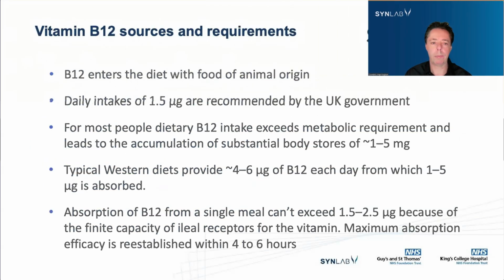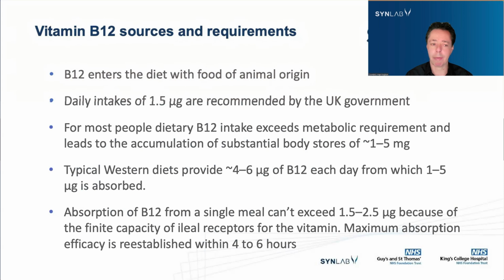So because plants can't make or store B12, our requirement for B12 can only come from food of animal origin, because we can't make vitamin B12 ourselves. Now, we don't need much B12 each day to have a healthy life.